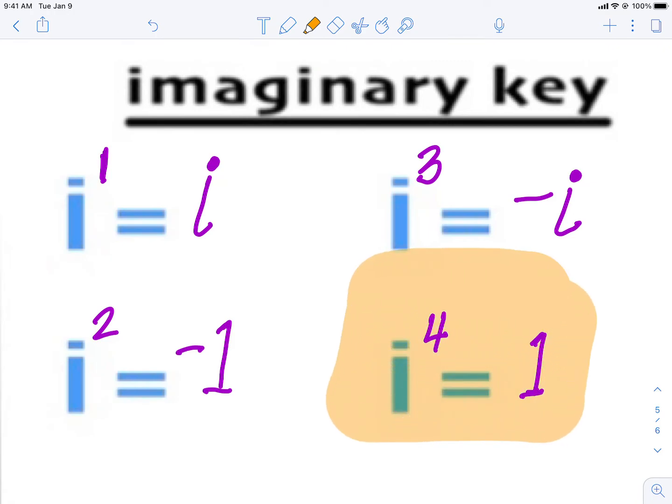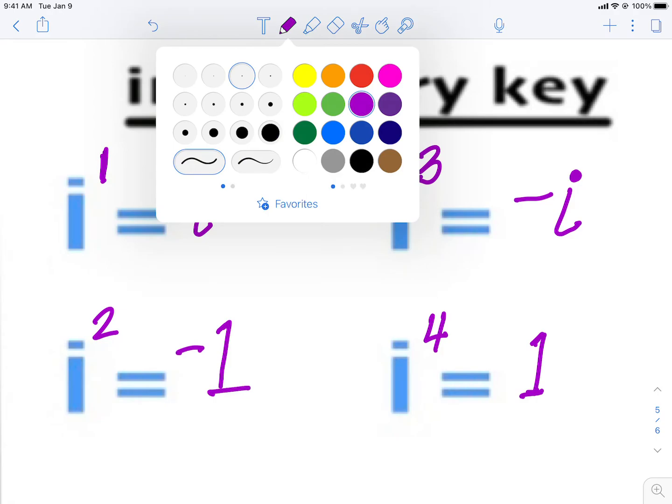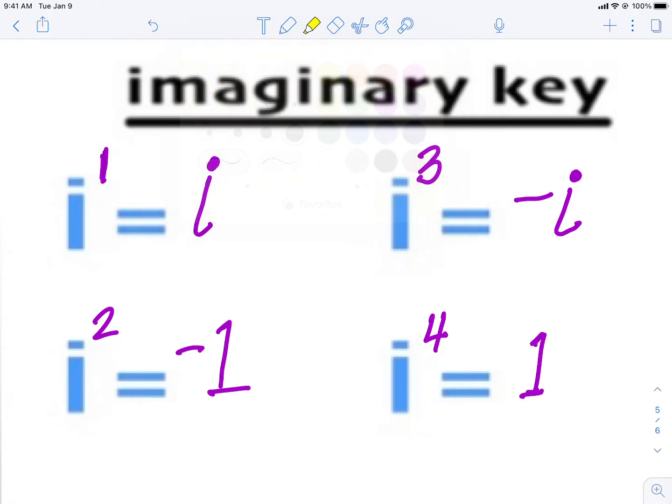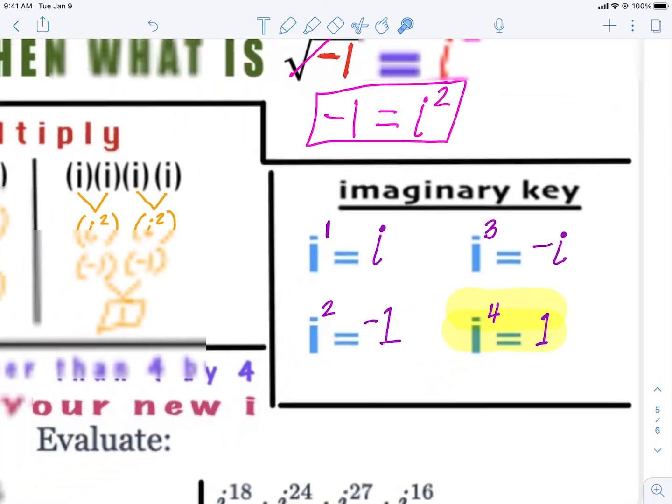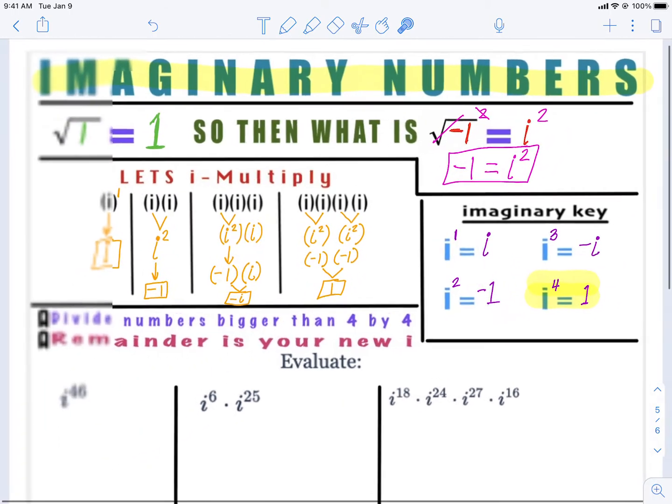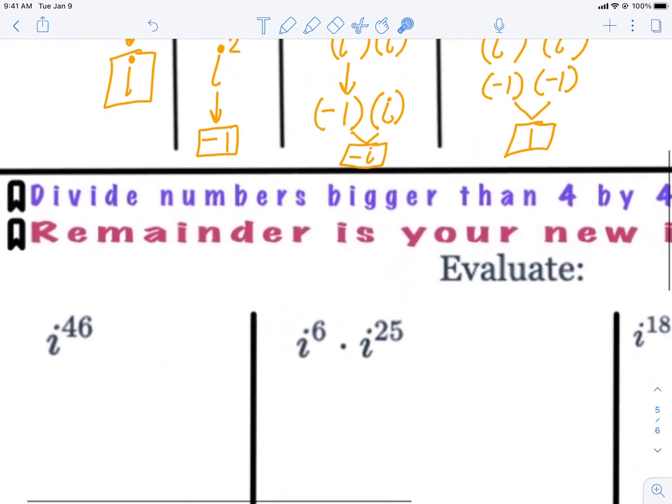This is our special one right here. This is the key. See? This 4 right here is the key. And I'm going to show you. Let's go to this part of the notes now.